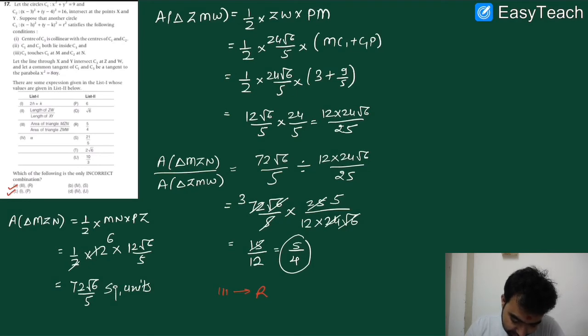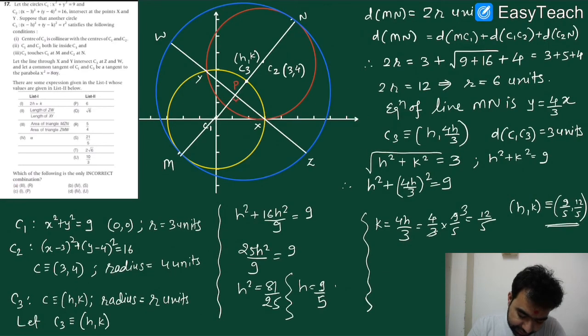Now calculate alpha. Let the common tangent C1 and C3 be a tangent to the parabola x square is equal to 8 alpha y. Okay, so they are talking about this tangent. Now definitely this tangent is parallel to ZW, correct?